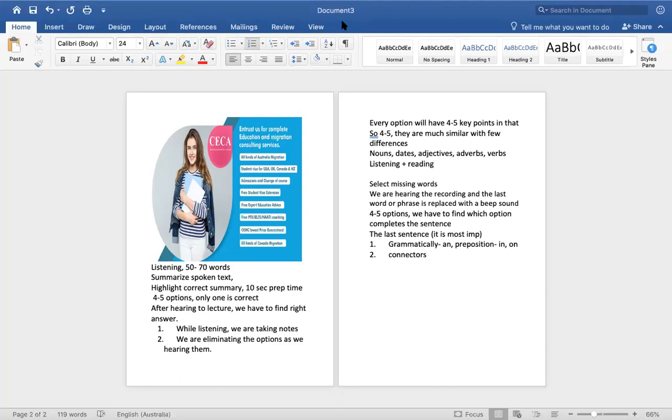So grammar covers a and the, and also prepositions and connectors, and definitely verb tense combination. The verb tense combination tells you to pick the right word. How? Suppose before the beep the words were are having. According to our knowledge of verb tense combination, we can pick the right phrase after that more easily than with any other clue.